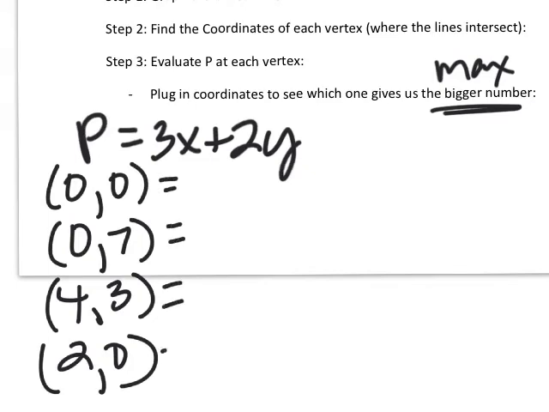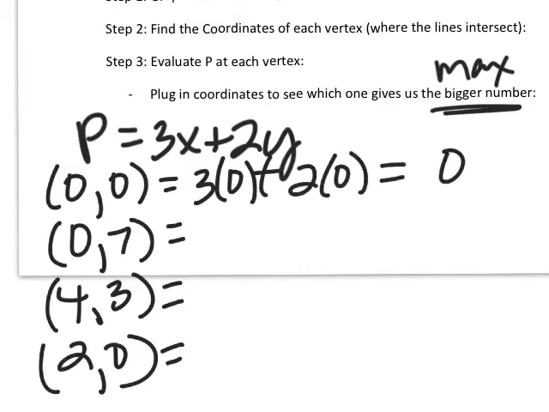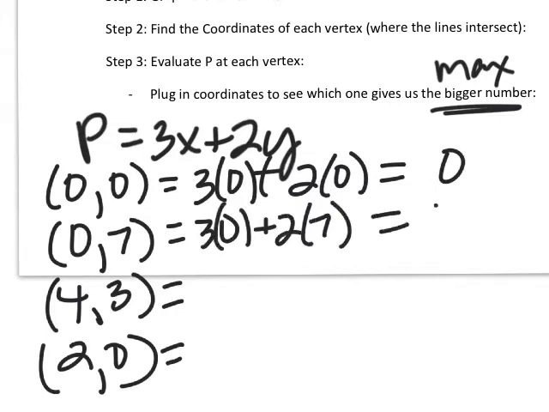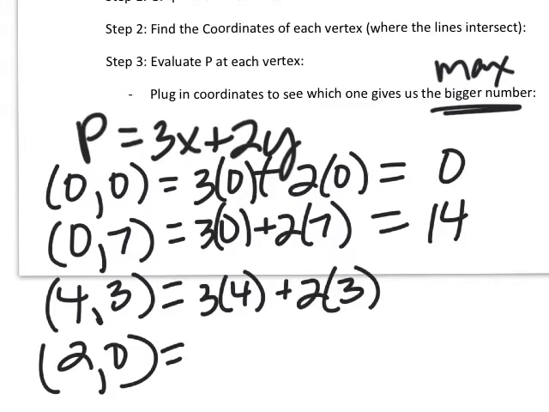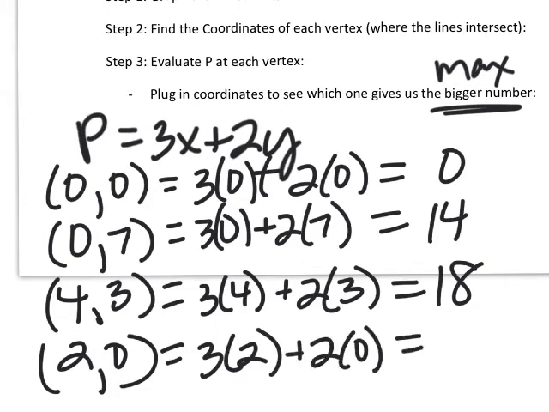So 3 times 0, obviously if we don't use anything, plus 2 times 0 would just give us an output of 0. 3 times 0 plus 2 times 7 would give us 14. 3 times 4 plus 2 times 3 would give us 12 plus 6, which is 18. And 3 times 2 plus 2 times 0 gives us an output of 6.